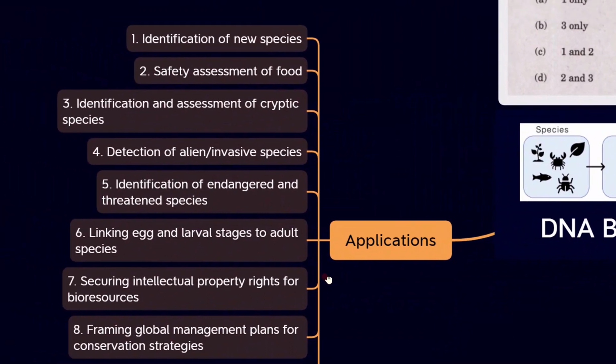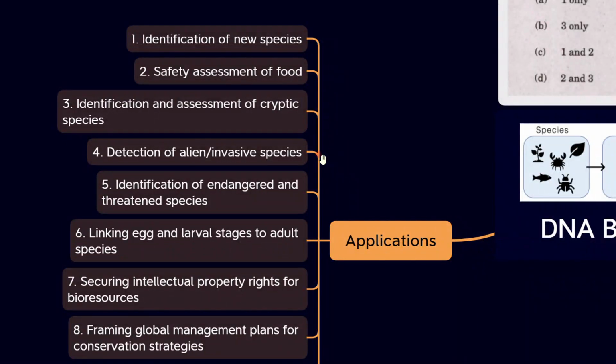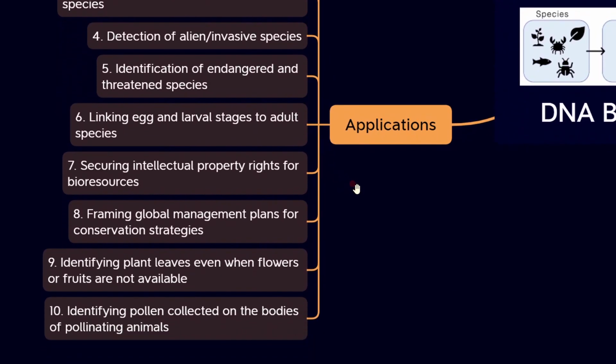let's see what are the applications of DNA barcoding. It is applied in identification of new species, as we have already seen, and safety assessment of food, identification and assessment of cryptic species, detection of alien invasive species, identification of endangered and threatened species, linking egg and larval stages to adult species, securing intellectual property rights for bioresources.